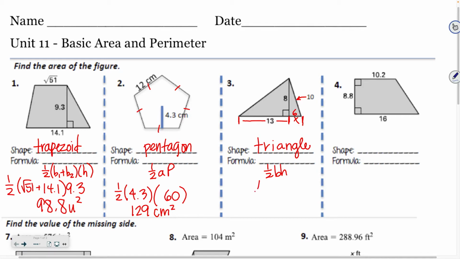So 1/2. What's my base now? 19. And what's my height? 8. So that's basically 4 times 19. Wait, where'd the 6 go? What'd you do with it? I added it to the 13.